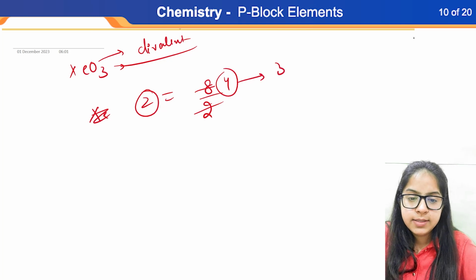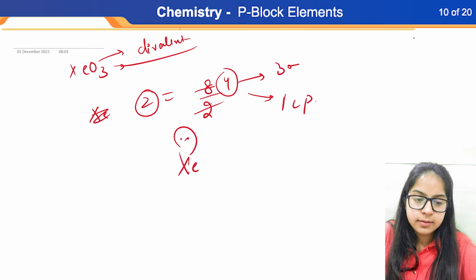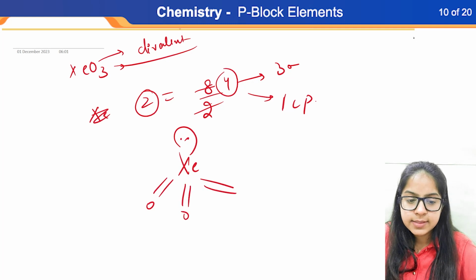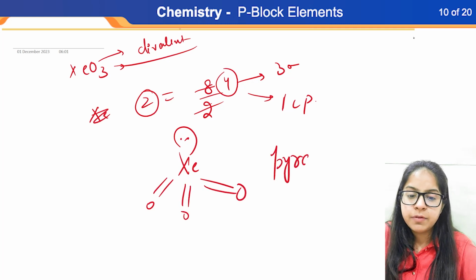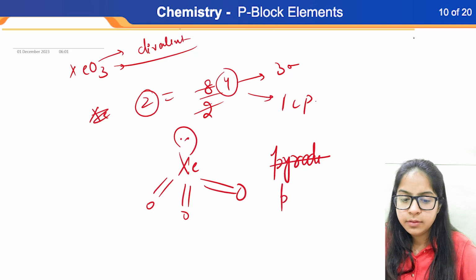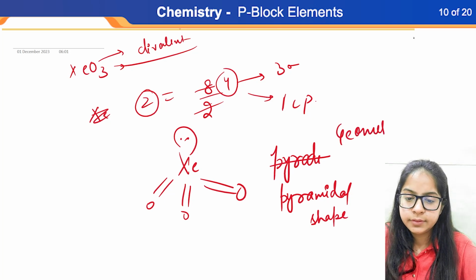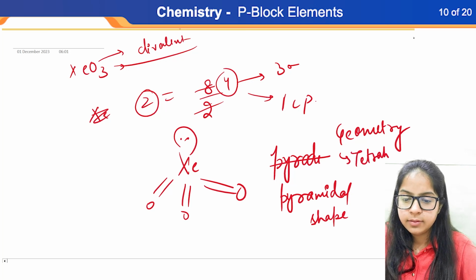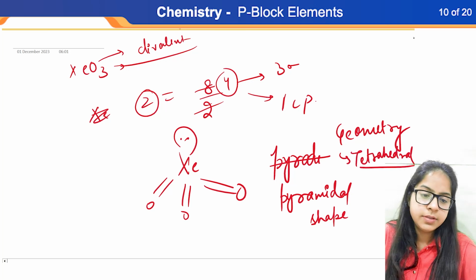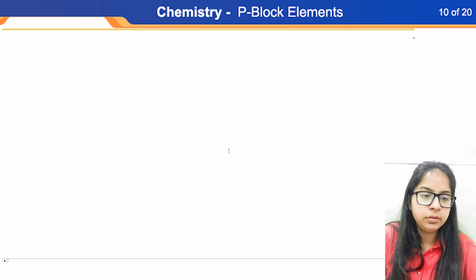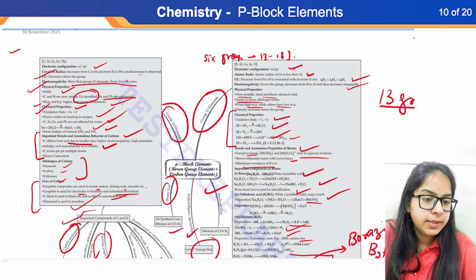Here there are 3 sigma bonds with the oxygen and 1 lone pair. So Xe with the lone pair, a pyramidal type of structure. That is the shape. The geometry is tetrahedral.